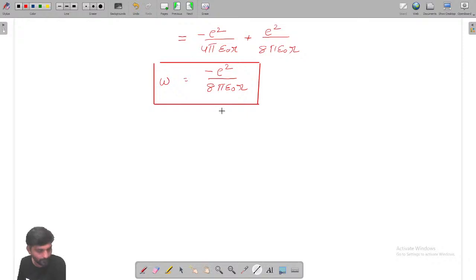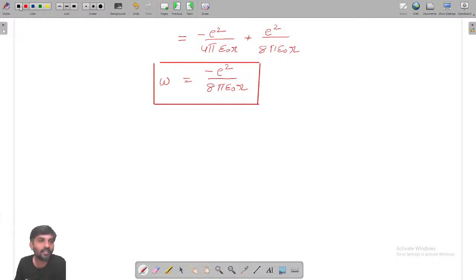Okay. So W is equal to the work done, or the energy of an electron. The energy of the electron is nothing but minus e square by 8 pi epsilon naught r. So you can see again here negative.